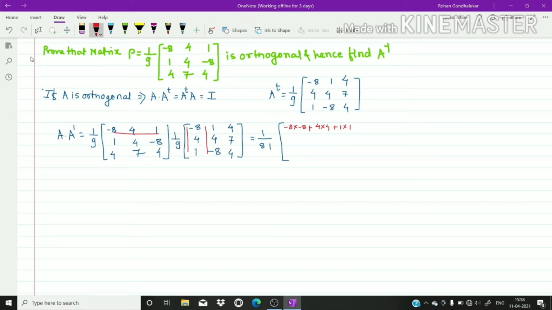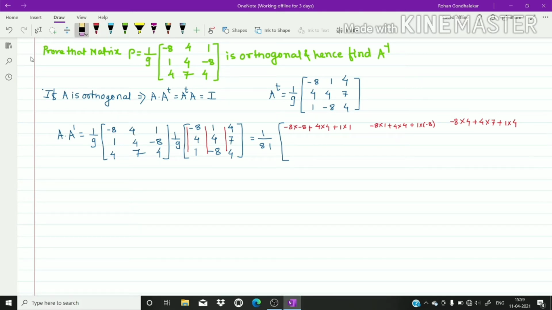That means we have minus 8 into 1 plus 4 into 4 plus 1 into minus 8. Now first row, third column. So what will be the answer? Minus 8 into 4 plus 4 into 7 plus 1 into 4. Is it good?